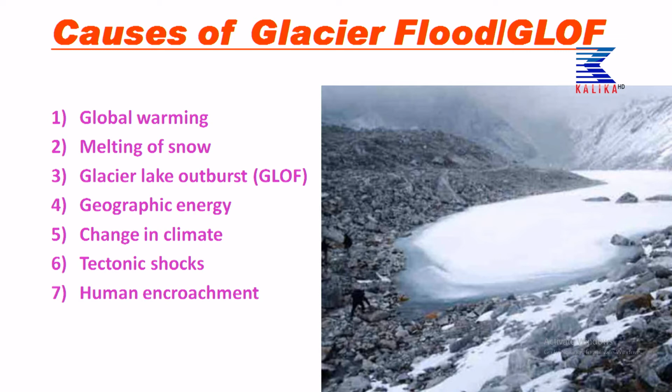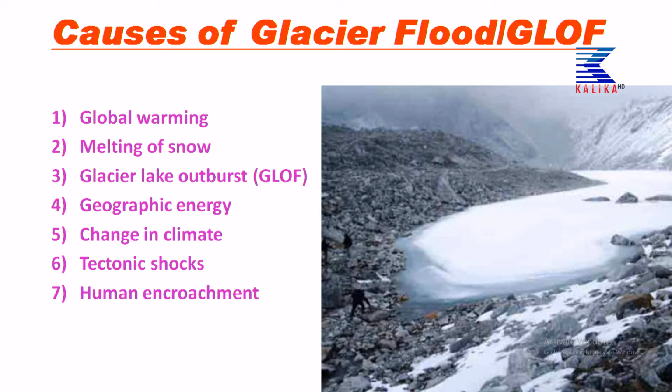And the glacial lake accumulates a lot of water, and one day they are going to explode. Melting of snow, obviously because of global warming, the rate of snow melting is increasing. Glacial lake outburst flood: the glacier flood is caused by a sudden outbreak of the glacial lake.